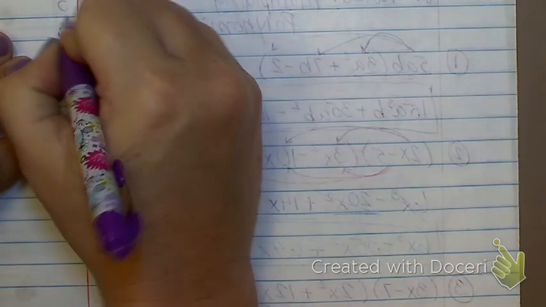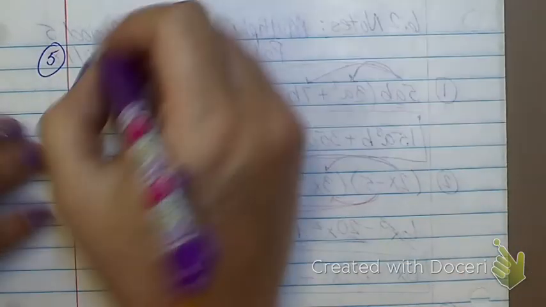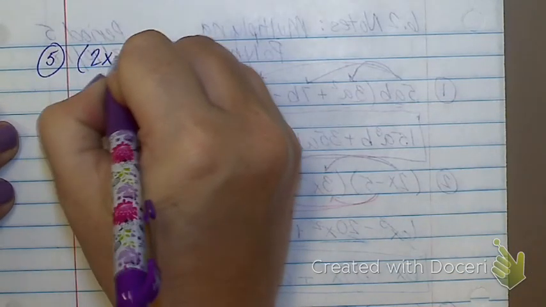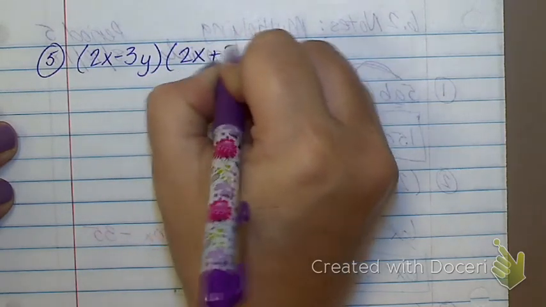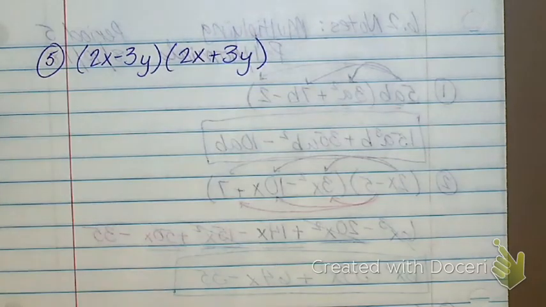So, here we go. Last two. 2x minus 3y and 2x plus 3y. What do you notice?